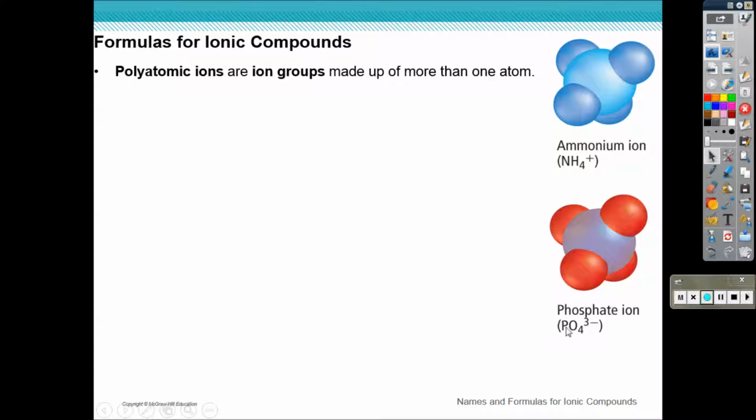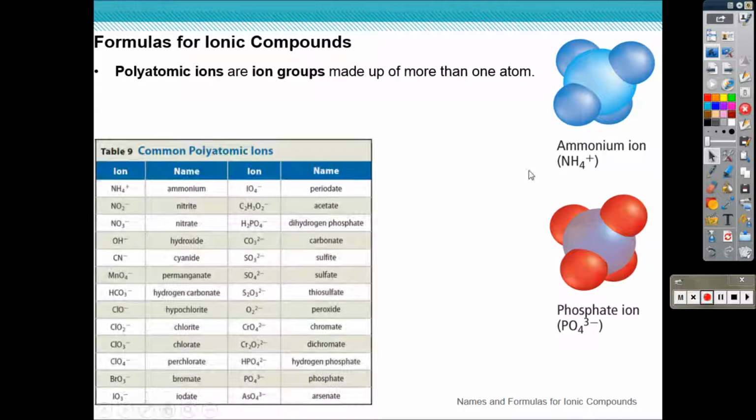Phosphate is the group known as PO4. That's 1 phosphorus with 4 oxygens, and overall there's a -3 charge. So that's called the phosphate ion. And there's actually a whole lot more of them. They all have their own special names, formulas, and charges.